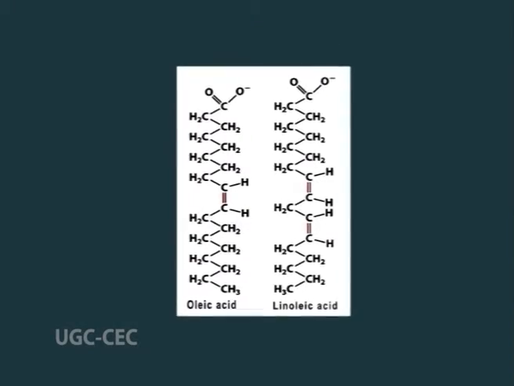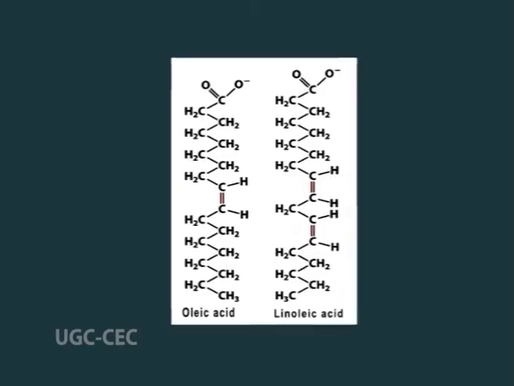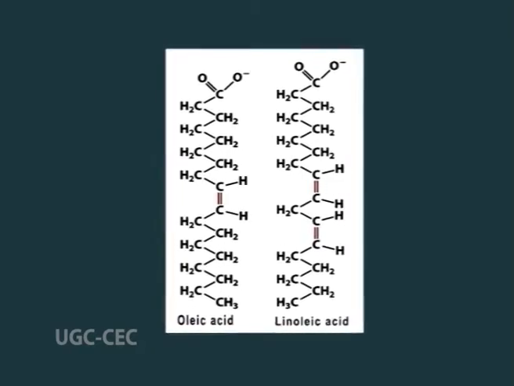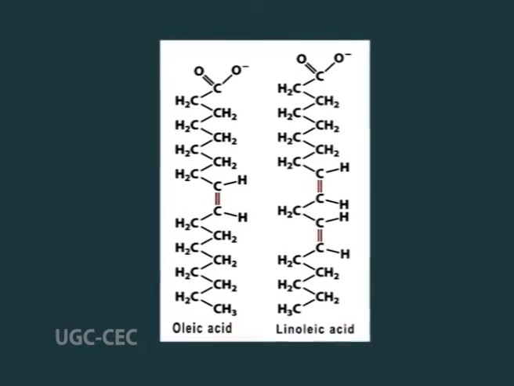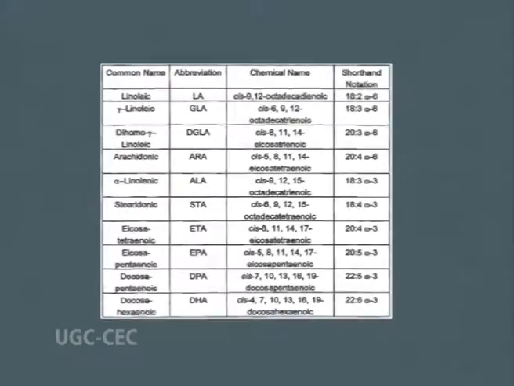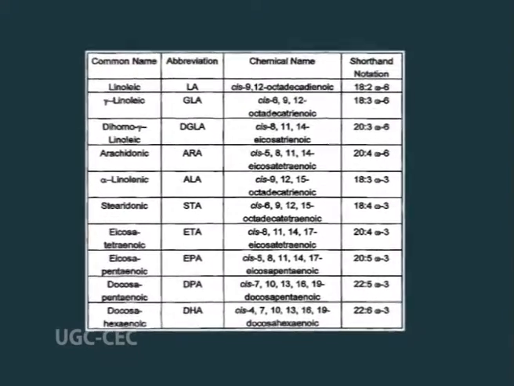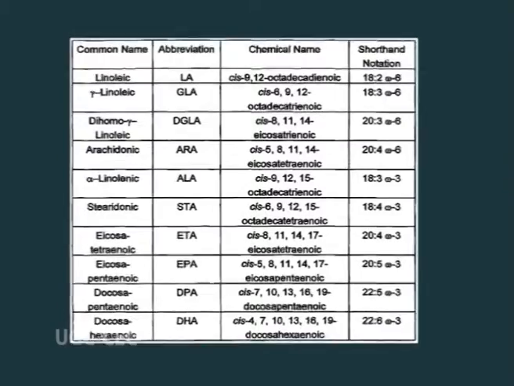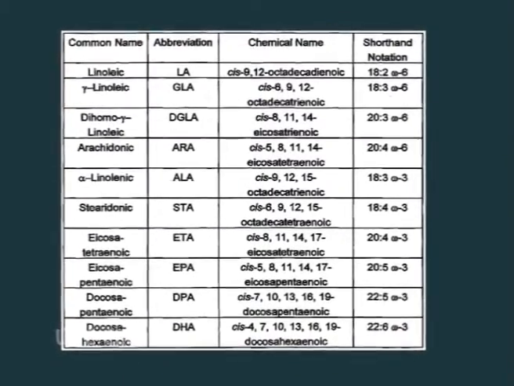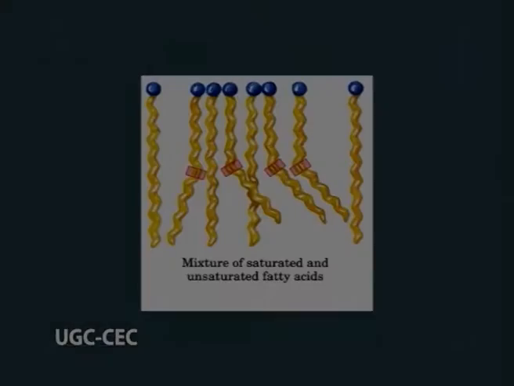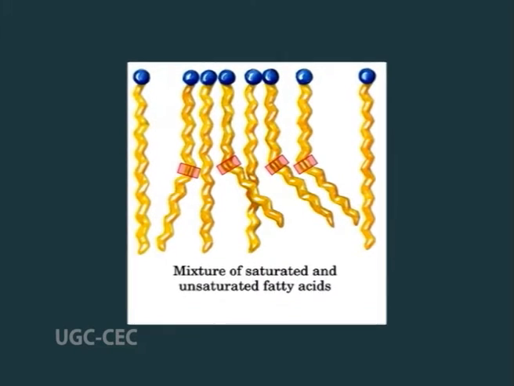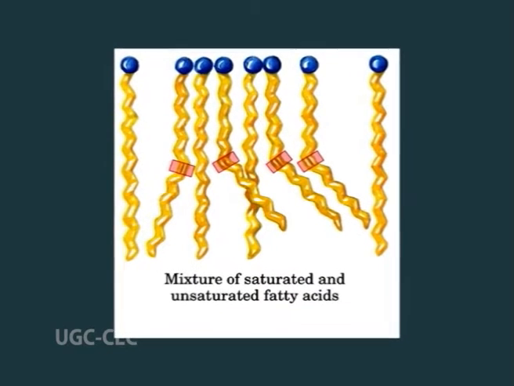Unsaturated fatty acids, two unsaturated fatty acids, oleic and linoleic acids. Nomenclature of unsaturated fatty acids, the naming schemes of unsaturated fatty acids. The next figure shows how a mixture of saturated and unsaturated fatty acids pack together.